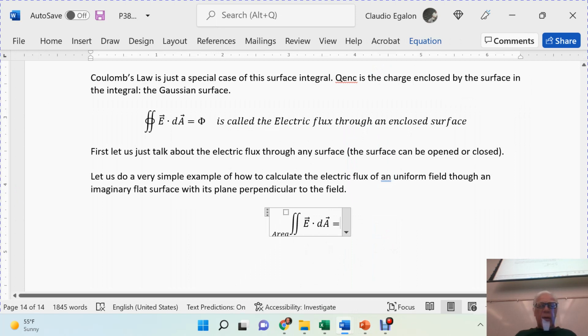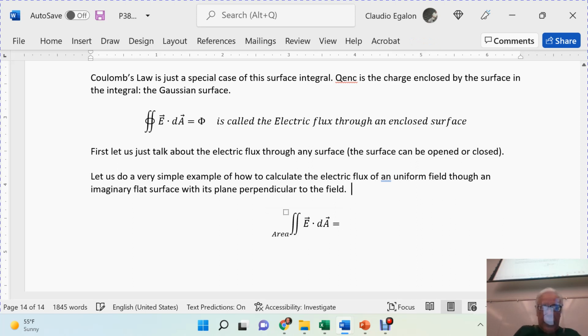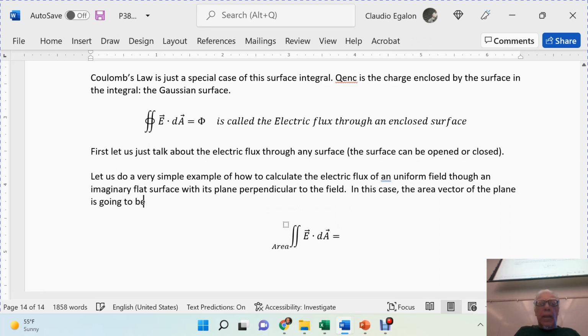Let's do a very simple example of calculation of a uniform field through an imaginary flat surface with plane perpendicular to this field. In this case, the area vector of the plane is going to be parallel to the E field.